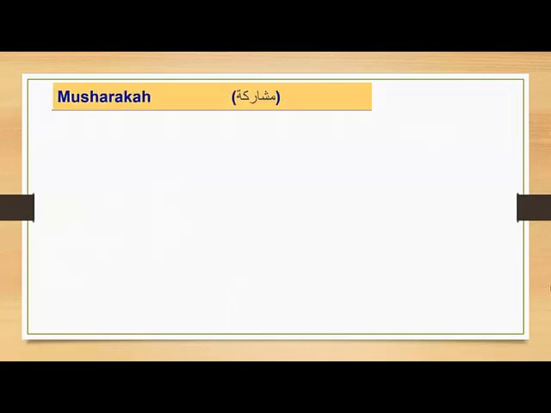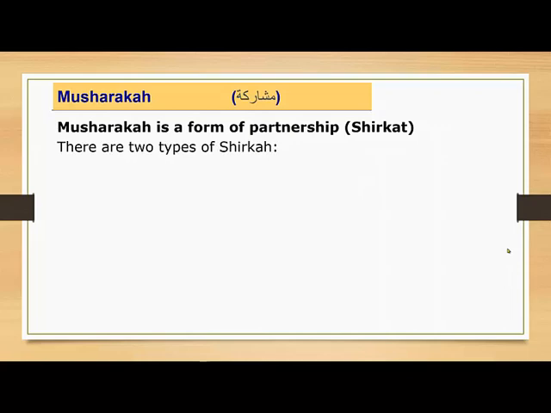So let's start with the concept of musharakah. Viewers, musharakah is an Arabic term and it refers to partnership, a form of partnership, or in Arabic it is called a shirka. There are two types of partnerships or shirka.